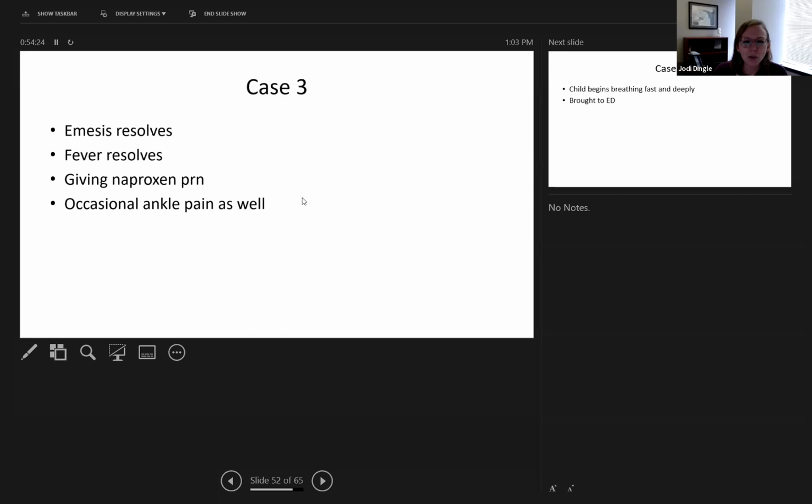And so the fever and emesis resolved, and they're still giving naproxen every once in a while. And they started noticing she complained of ankle pain as well. The knees got better, but now she's having some ankle pain. So what is this making you think about?